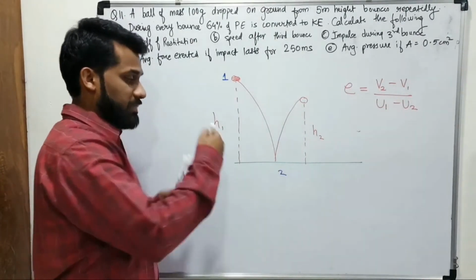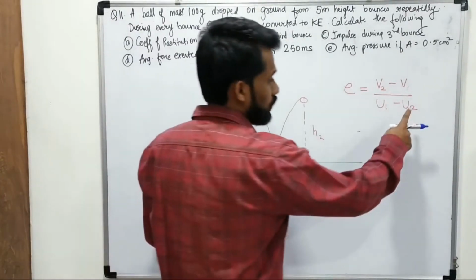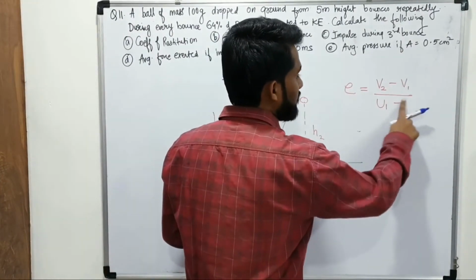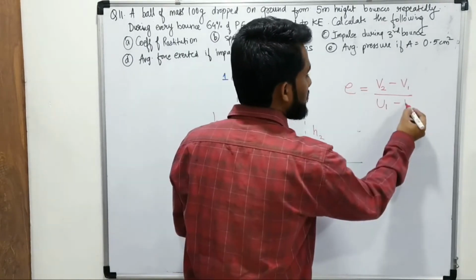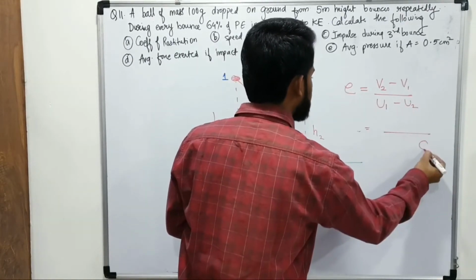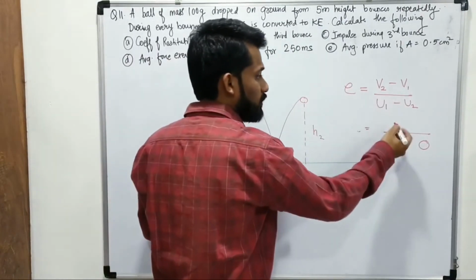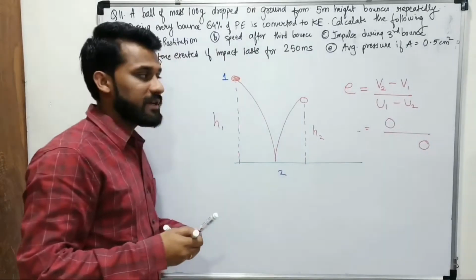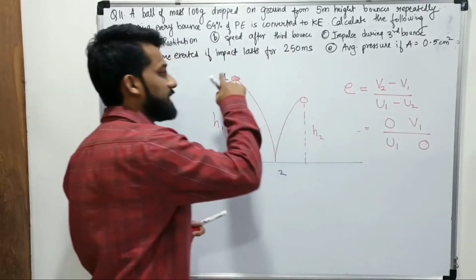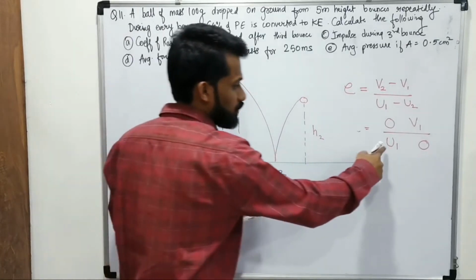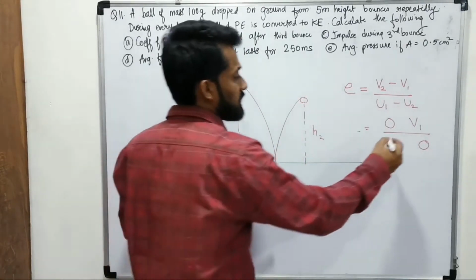And the ground before and after collision practically remains at rest. So u2, that is the ground's speed before collision, is 0, and the ground's speed after collision, v2, is also 0. So we are left with only v1 and u1, where u1 is the speed of the object before collision and v1 is the speed of the object after collision.